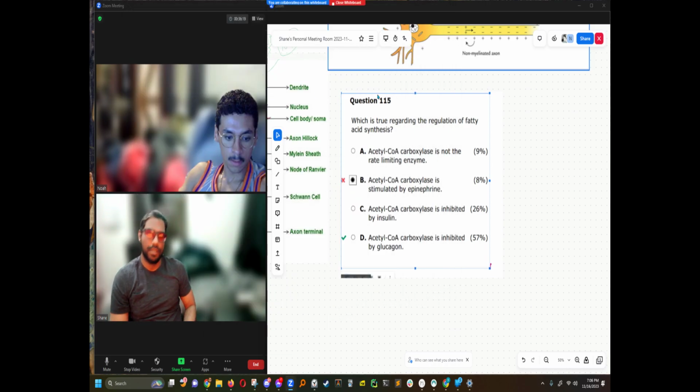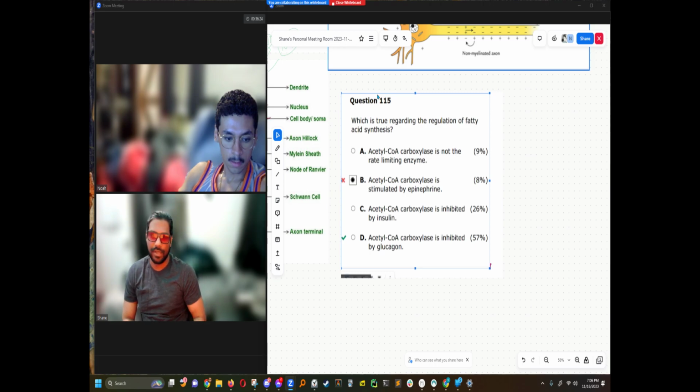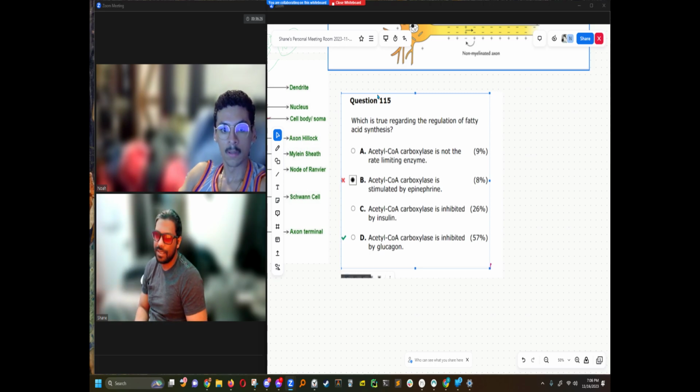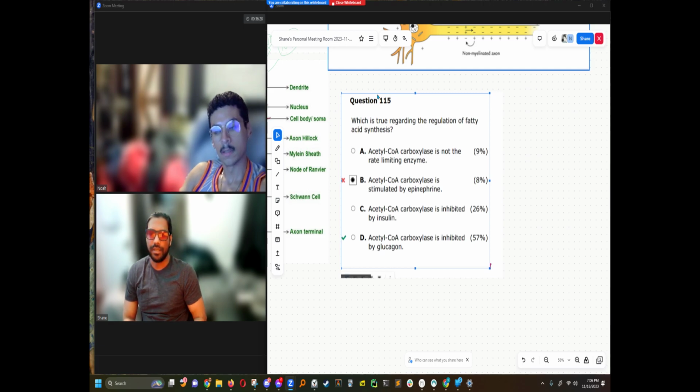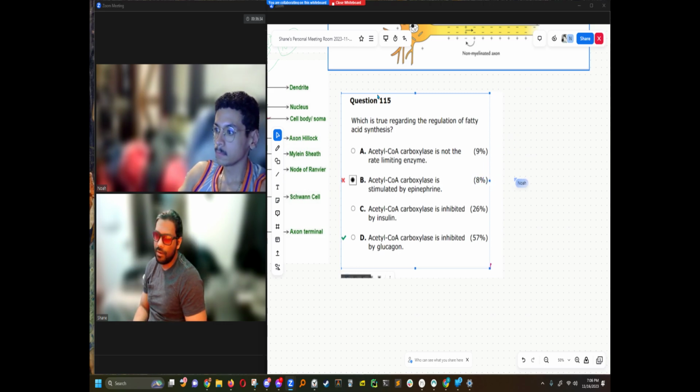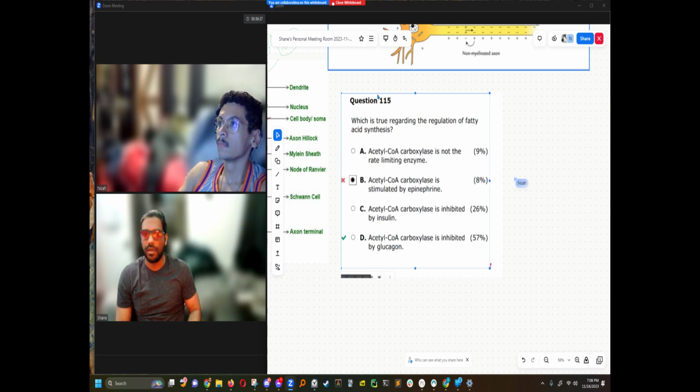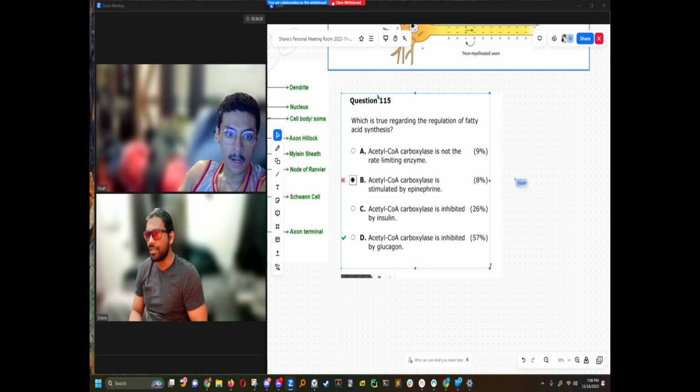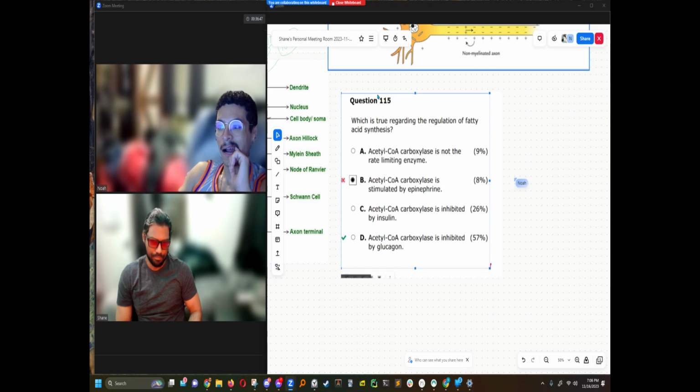All right. So this is talking about the regulation of fatty acid synthesis. Yes, and that's going to be one of the metabolic pathways. I guess it's asking which is true, so we're going to have to go through each. A says acetyl-CoA carboxylase is not the rate-limiting enzyme.